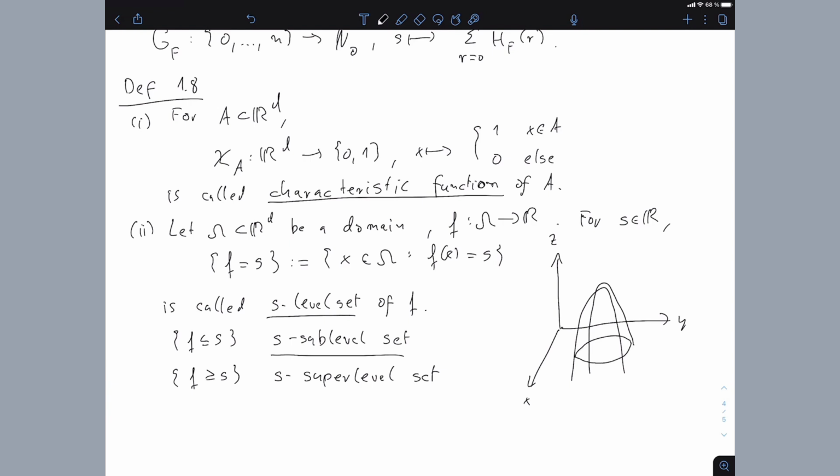Then the line here would be where f is equal to 0, and the interior would be where f is bigger equal to 0. So that would be the super level set, and the line would be the level set for value 0.